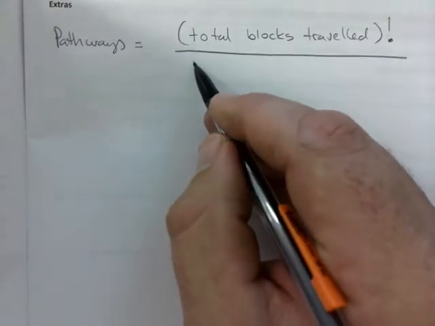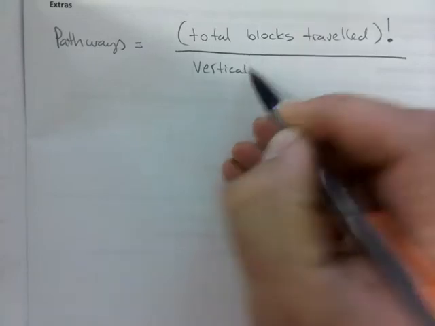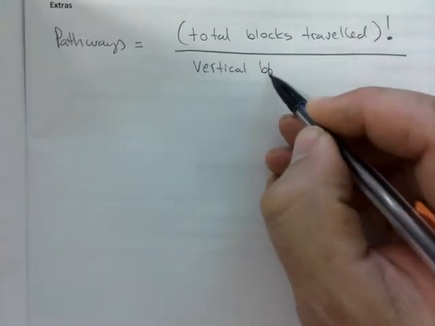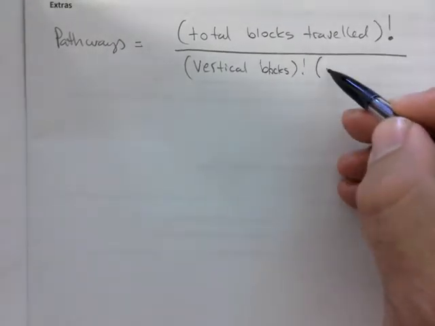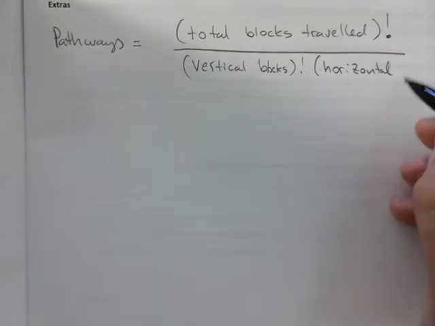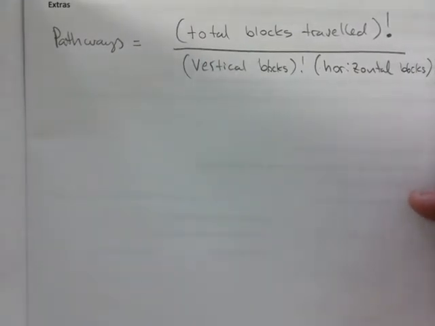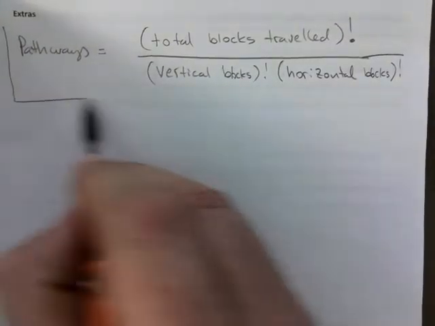Oh yeah. Vertical blocks factorial divided by horizontal. That's the correct formula.